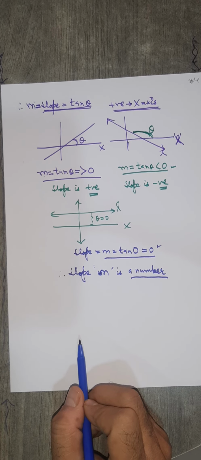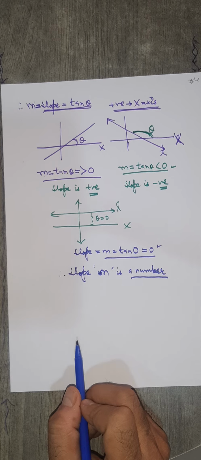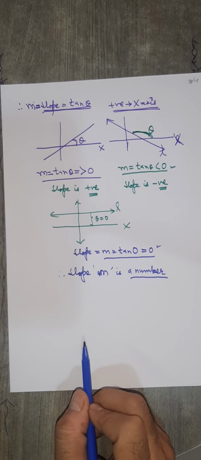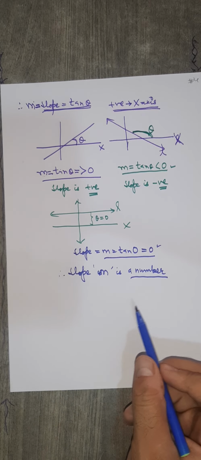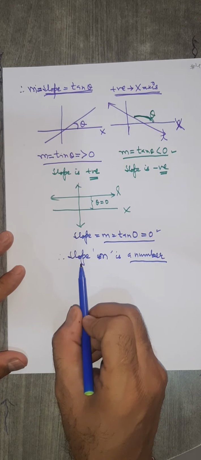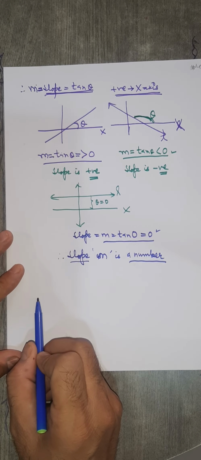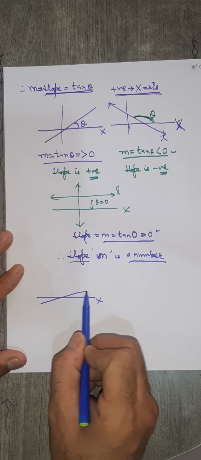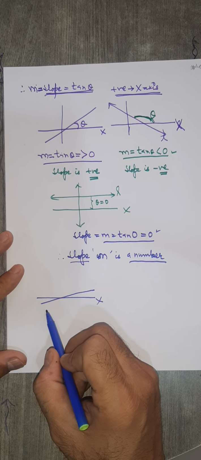What does it represent? The steepness of the line. Bigger the slope, bigger the steepness. Remember, it also represents the rising of the line. If this is the x-axis and the line is like this, slope will be very small.